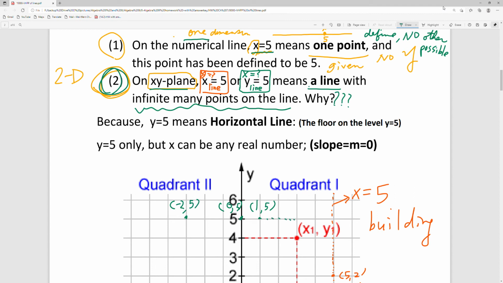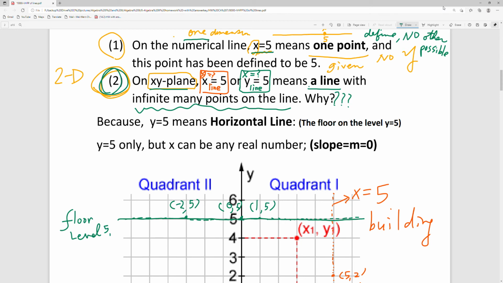So what do we have? We have a floor at level 5.